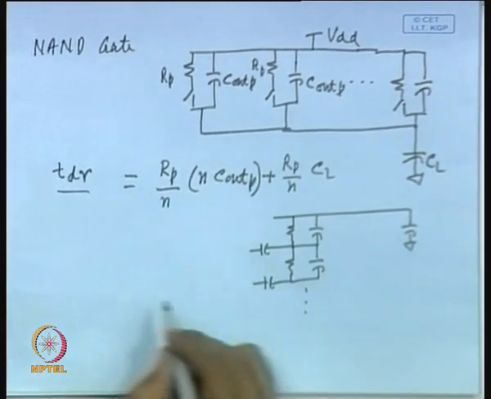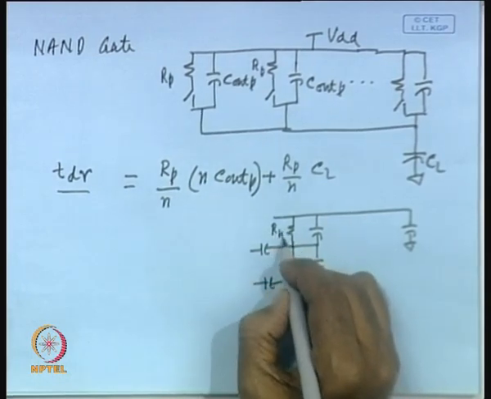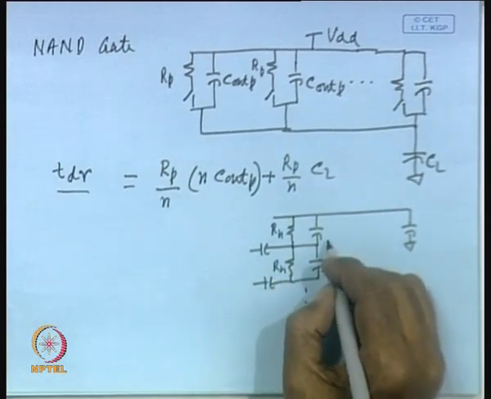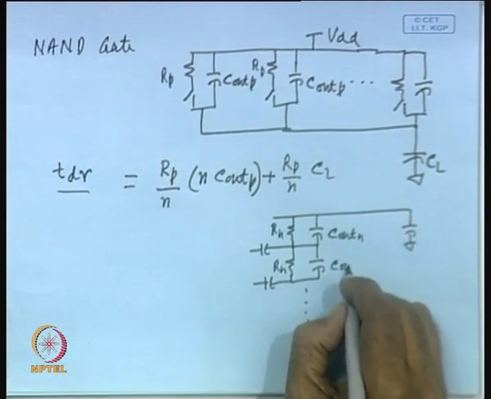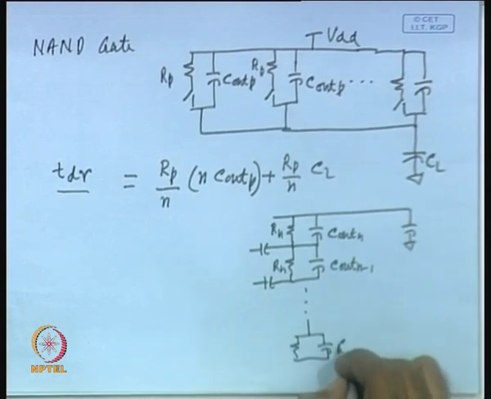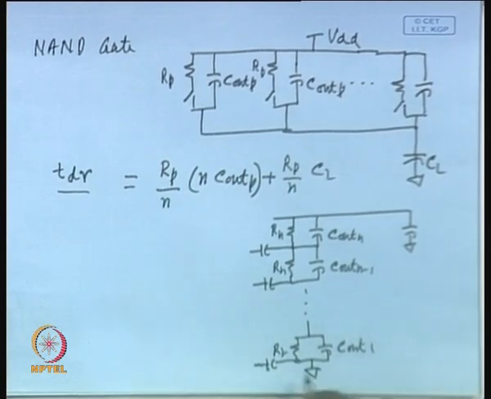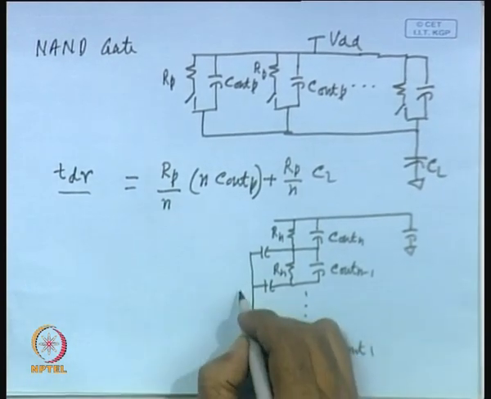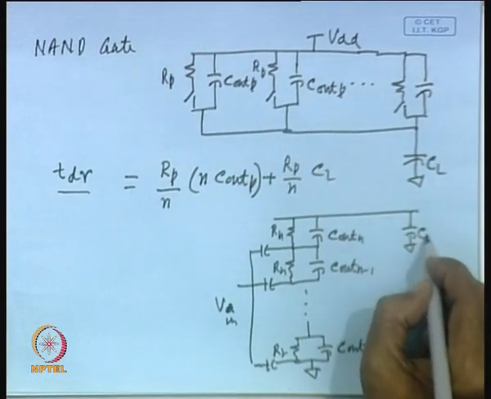In this way you have n MOS transistors in series, representing Rn, and these capacitors are C out n, C out n minus 1, and finally another resistor Rn and a capacitor C out 1. This is connected to ground. These inputs are tied together, and here you are applying V in, and this is your load capacitance.